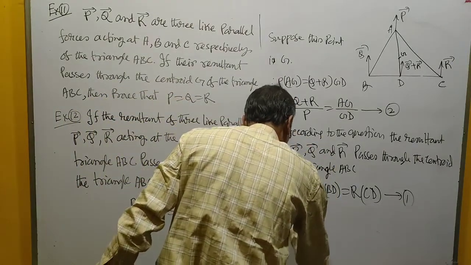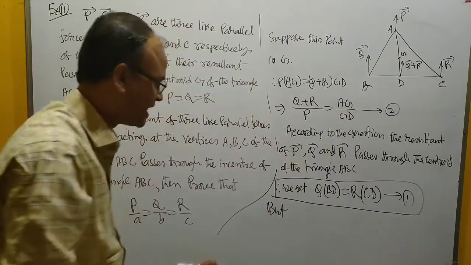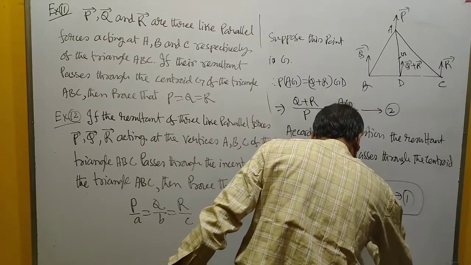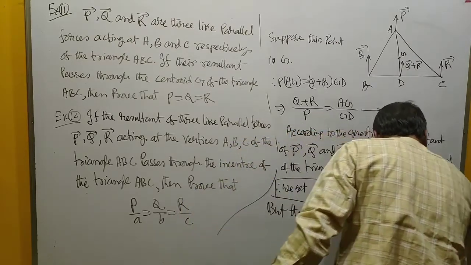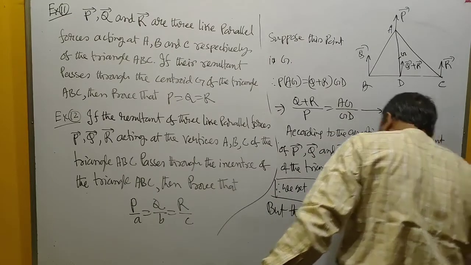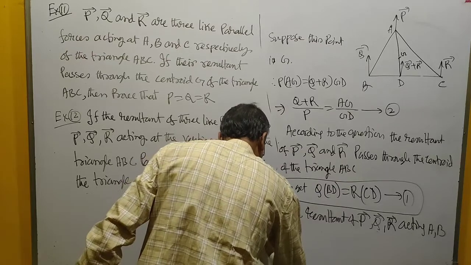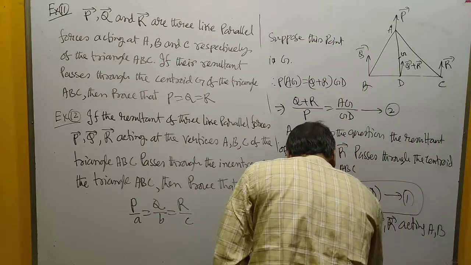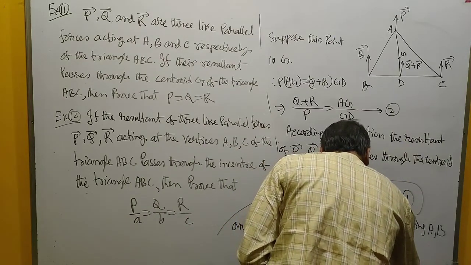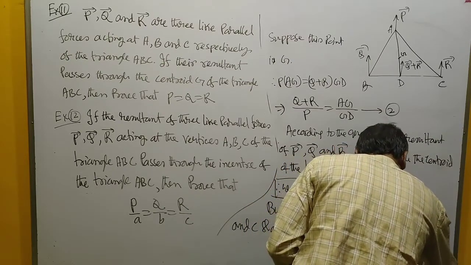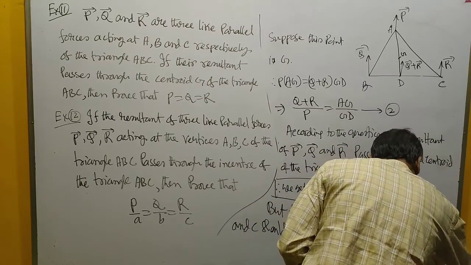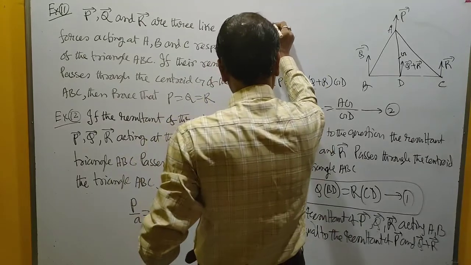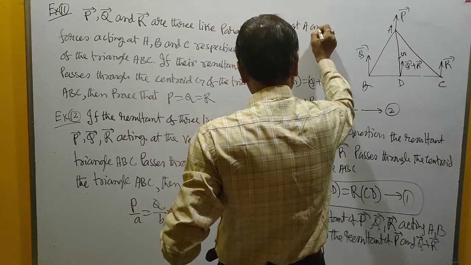But the resultant of P, Q, R acting at A, B, and C should be equal to the resultant of P and Q plus R acting at A and D respectively.